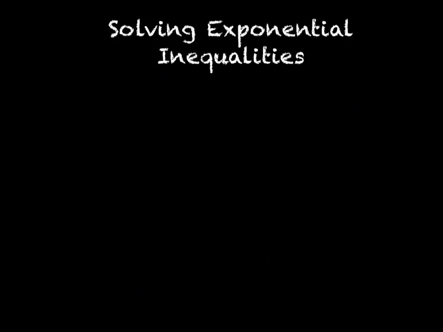In order to solve an exponential inequality, we can do something similar as we did for the exponential equalities. So recalling our first example, 3 to the x, let's see when 3 to the x is greater than 81. For this to happen, we have to have 3 to the x is greater than 3 to the 4th, or x is greater than 4.